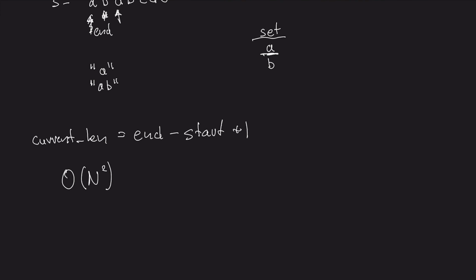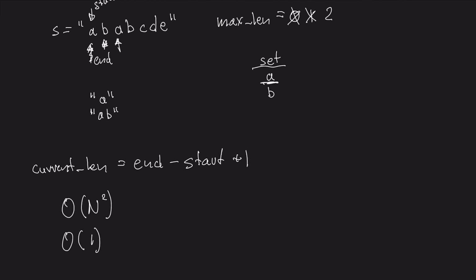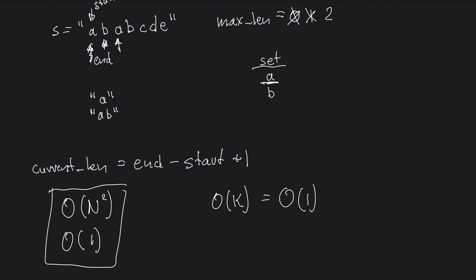It's still O(1), because our set will have at most k characters, where k is the number of all possible different characters that can be in the string. So we would have O(k), and since k is constant, this is the same as O(1). And that's how we can improve the time complexity of our brute force approach from n cubed to n squared.